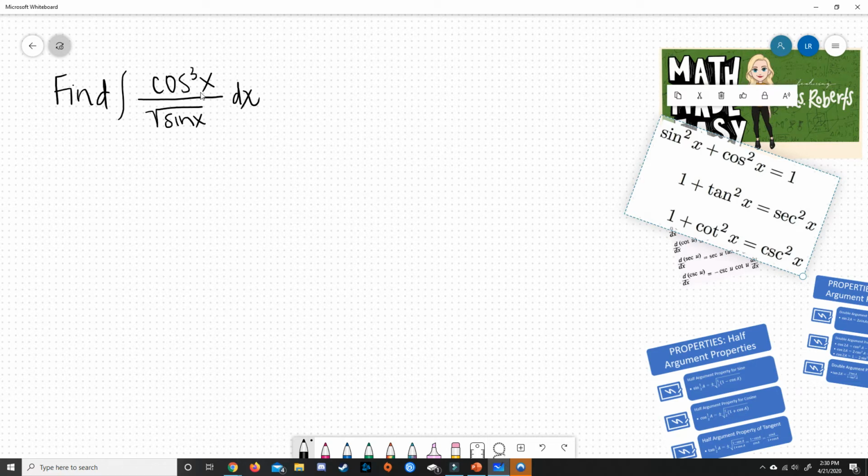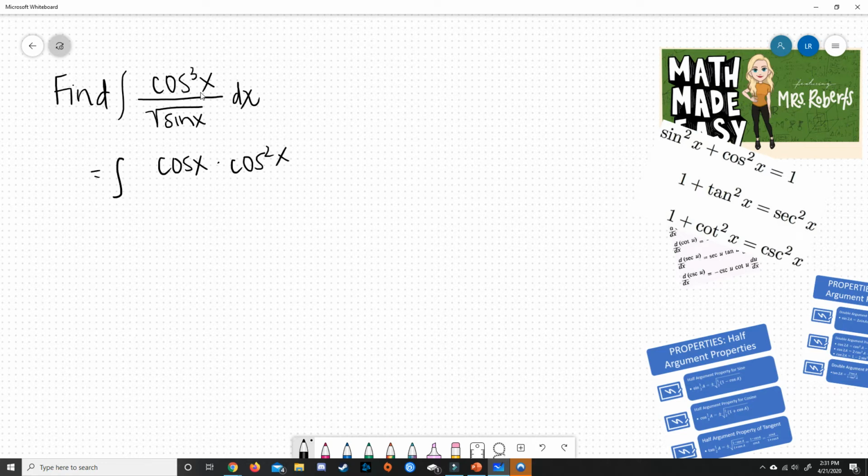I'm going to rewrite this as cosine of x times cosine squared of x over the square root of sine of x dx. What that allows me to do is to replace cosine squared of x with 1 minus sine squared of x. And we get that from that Pythagorean identity.